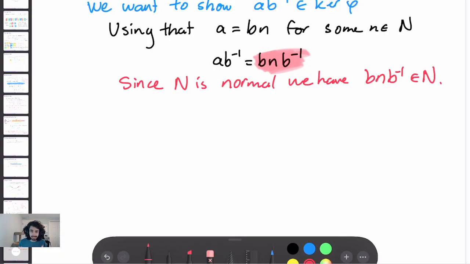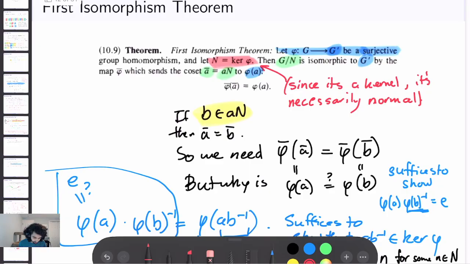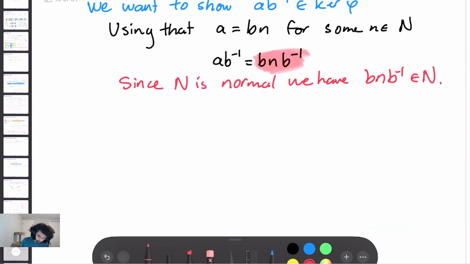And now I bet, I've forgotten the definition, but I bet N was supposed to be the kernel of phi. Let me check. Yeah, by construction, N is the kernel of phi. So we write that.